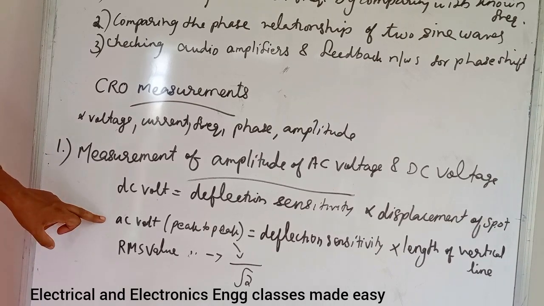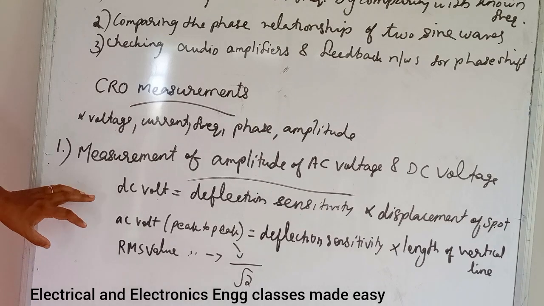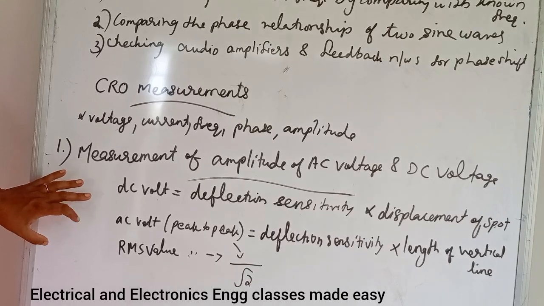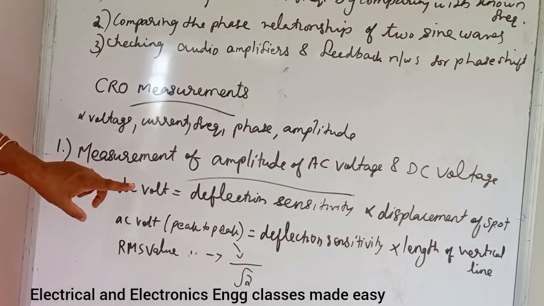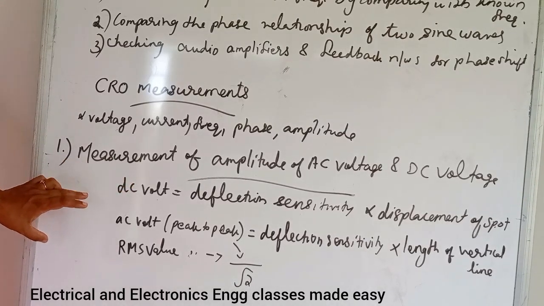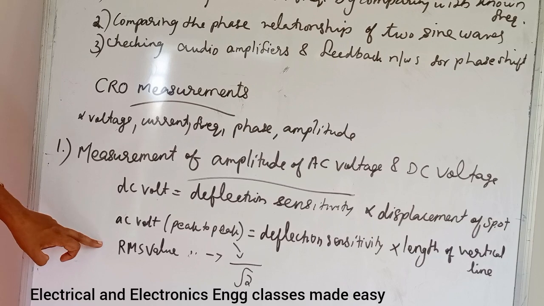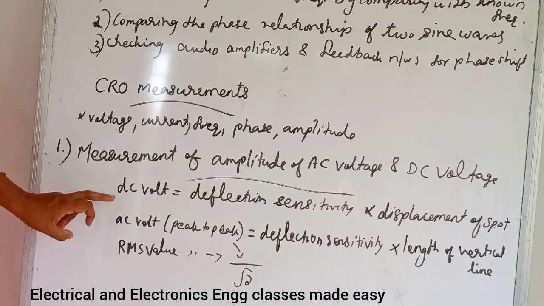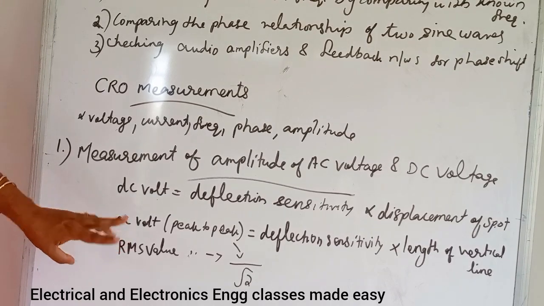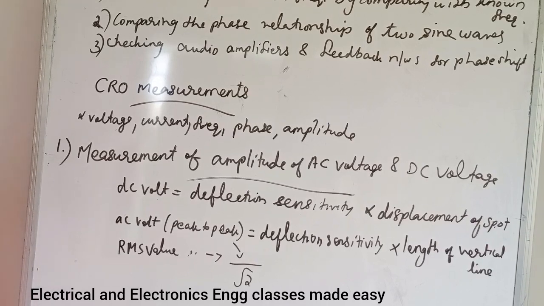So the value of this AC voltage is the peak to peak value of the AC voltage, and it is given by multiplying the deflection sensitivity with the length of the vertical line. And if we want to calculate the RMS value, then we have to divide this value with the root 2.